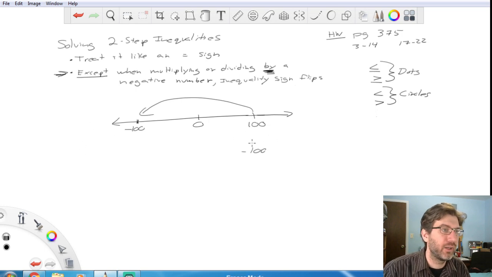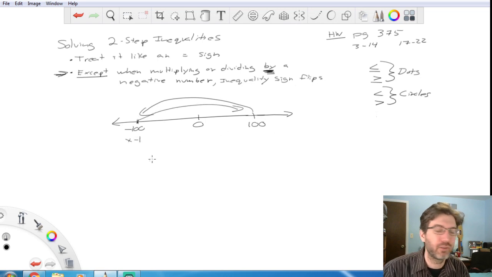And if I do the same thing on this side and multiply this by a negative number, it jumps it to that side too. So it doesn't matter about the original number, it matters about what you multiply or divide it by. It's going to jump it to the opposite side of the number line, which means your inequality is going to have to flip to account for that jump. Same thing's going to happen if I do division. If I divide this by a negative 1, this is now a negative number, so it jumps to this side.